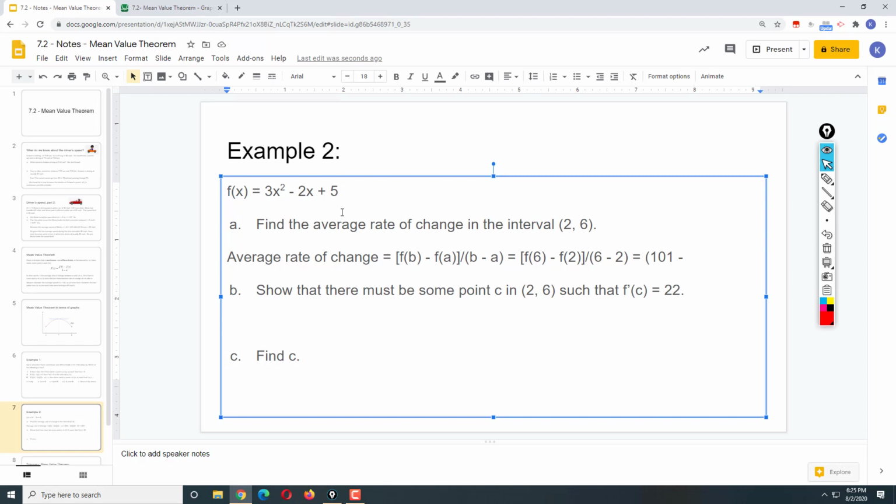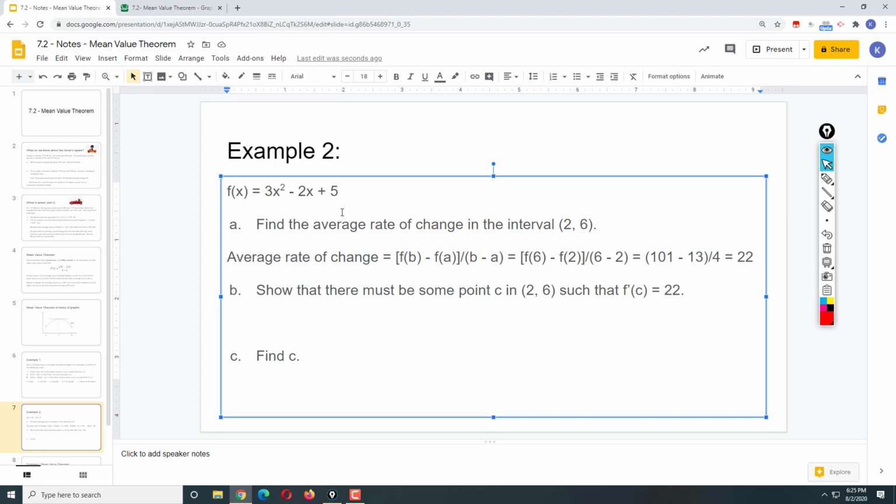Next, f of 2. 2 squared times 3 is 12. Minus 2 times 2, so minus 4 gives us 8. Plus 5 is 13. So it's 101 minus 13 divided by 6 minus 2, which is 4. So that's 101 minus 13, which is 88, divided by 4, which is 22. So the average rate of change of f of x is 22 in this interval.